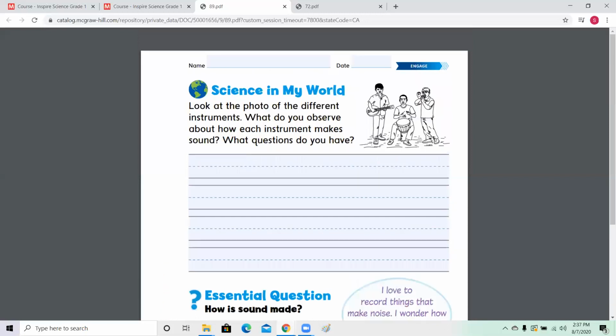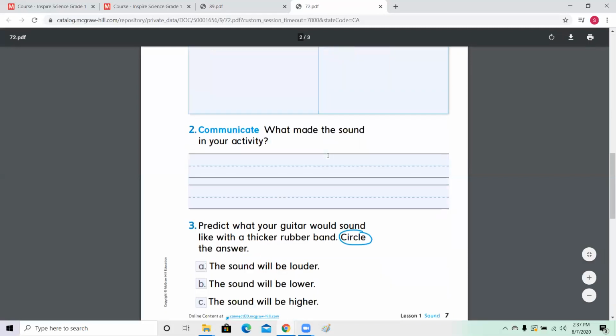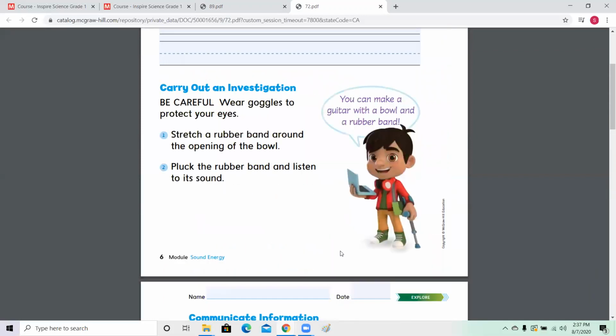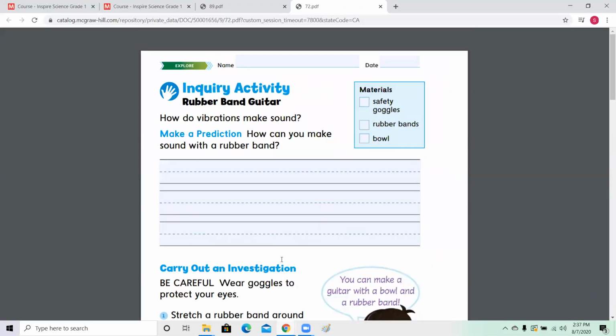All right. Let's go for the next page. All right, page number 6. This is fun.